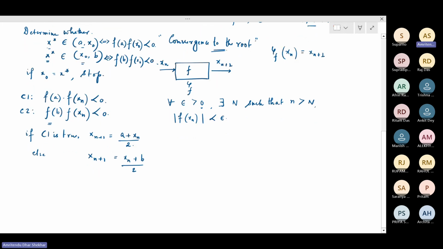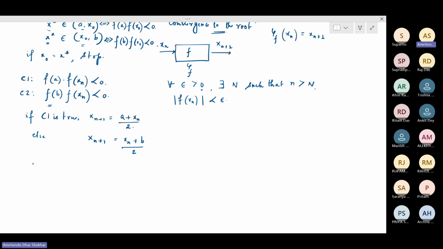Then you keep on repeating this procedure. You might have to continue this procedure ad infinitum, so let us write what the stopping criterion is.